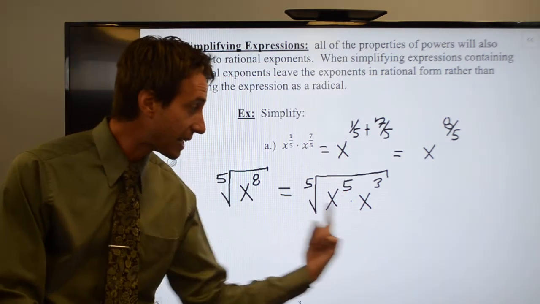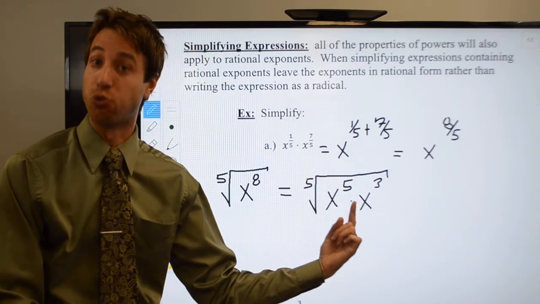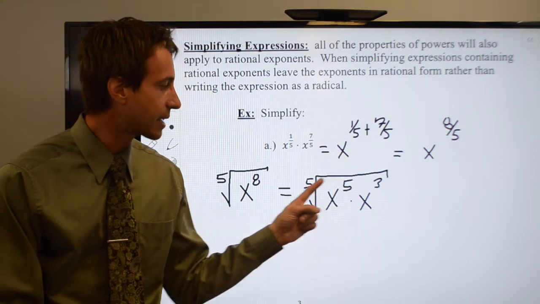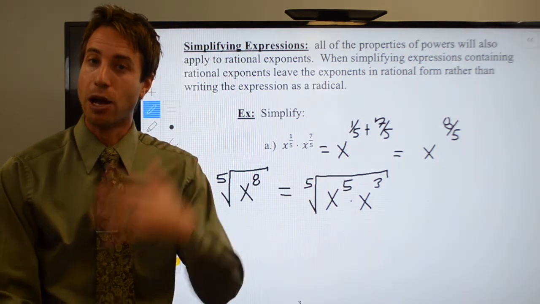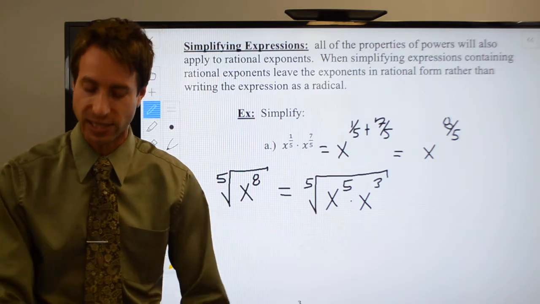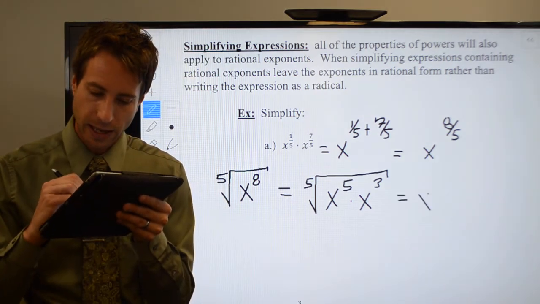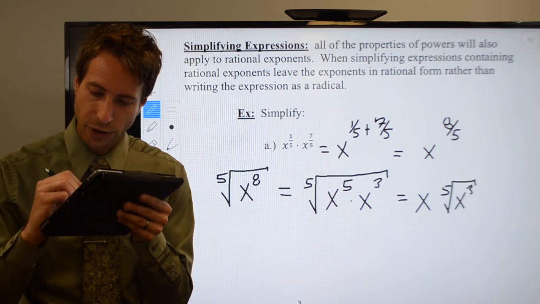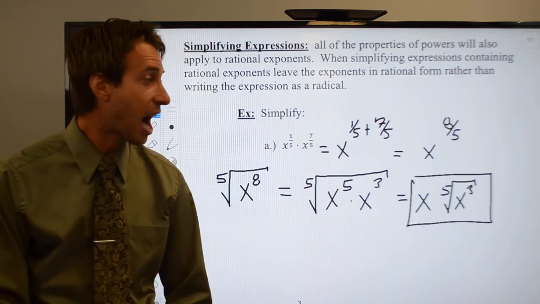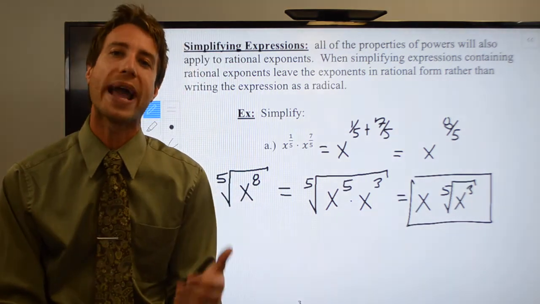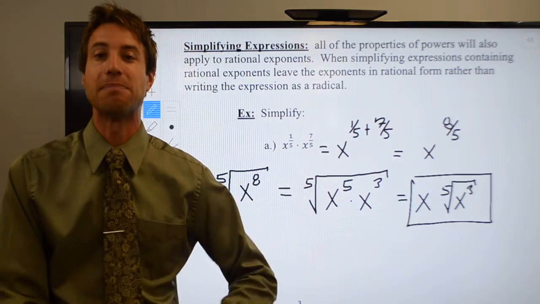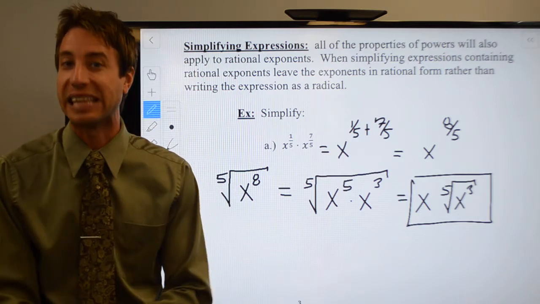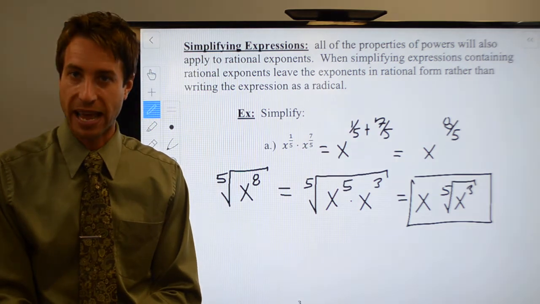So this is just another way of rewriting x to the 8th. Now my index and the power are the same, so those cancel each other out, and I'll be left with just an x times the 5th root of x to the 3rd. There's nothing else I can do to this, since there's no way of rewriting a 3 to make it divisible by a 5, so we'll just leave it as the 5th root of x cubed.